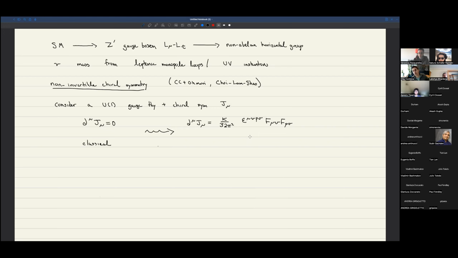So this is f wedge f with some coefficient. And so this is the sort of quantum situation that is often the case. And here, k in Z, k is an integer, which is the anomaly or triangle coefficient.